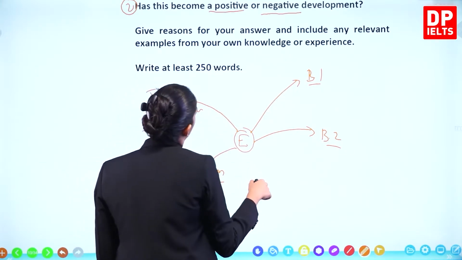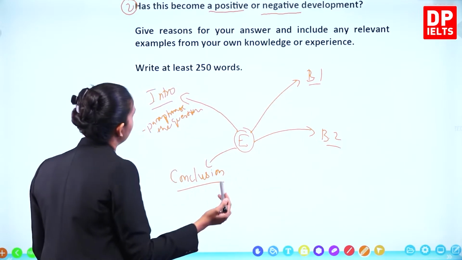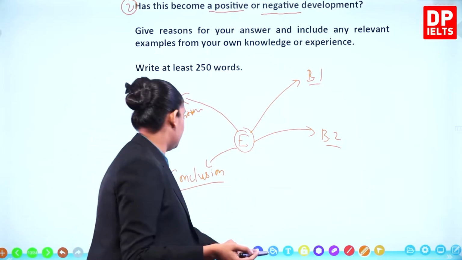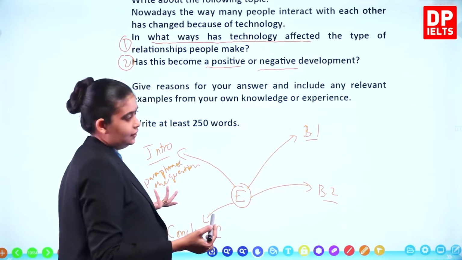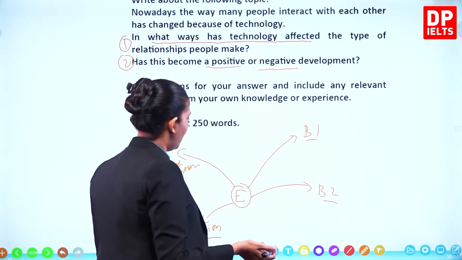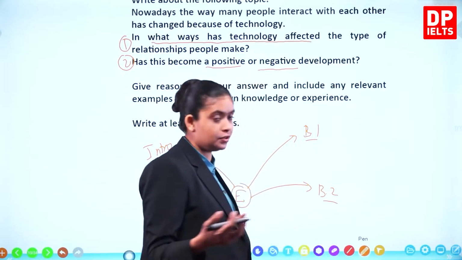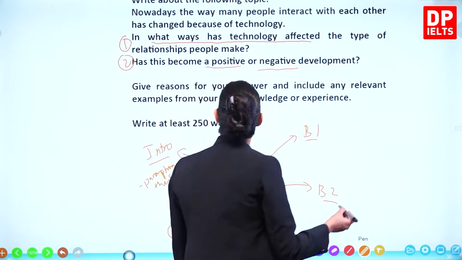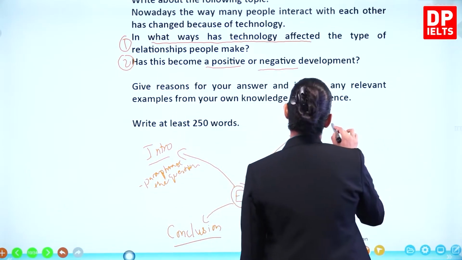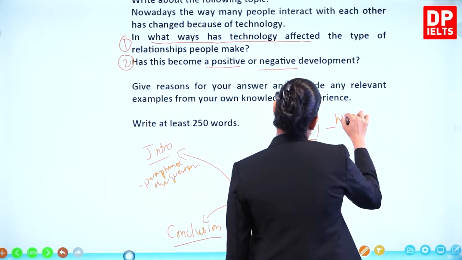There's not much of a thing to write the opinion. So if you don't really want to write it there, you cannot write it. If you want, you could write it here. I wouldn't typically write it there, but you could if you want to. And then here in body para 1, I'll talk about what ways.